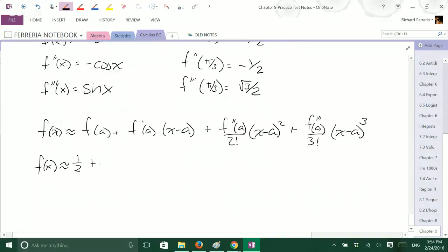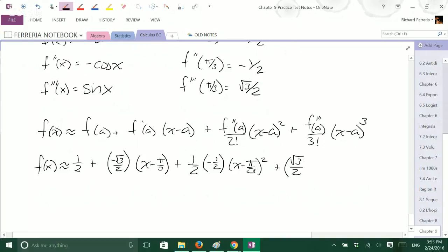That's 1/2 plus negative root 3 over 2 times (x minus pi thirds), plus, that's a 1/2 and a negative 1/2, times (x minus pi thirds) squared, plus that's a root 3 over 2 and, I should preserve order, I'm sorry, that's 1 over 3 factorial, which is 1/6, times root 3 over 2, times (x minus pi thirds) cubed.